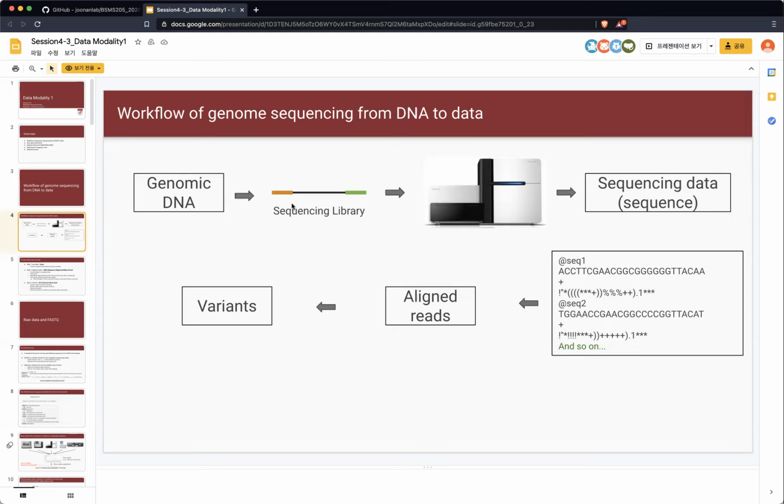Once the DNA materials are transformed into the library format, you can put this sequencing library into the machine, right? As we learned last time, it depends on the sequencing machine. If you use the Illumina machine, you have to make the library only for Illumina sequencing. And if you use the nanopore sequencing machine, you have to prepare your library for the nanopore sequencing machine.